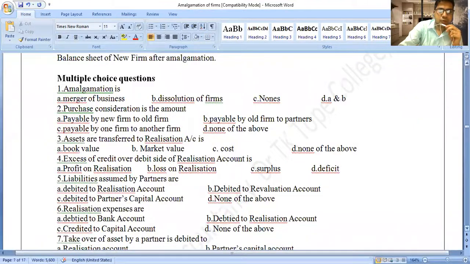And now friends, I want to announce to you that just 1 hour before, the TY BCom result was declared, the semester 5 result, and around 95% of students passed in TY BCom.